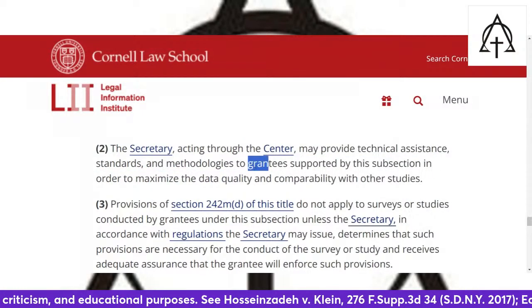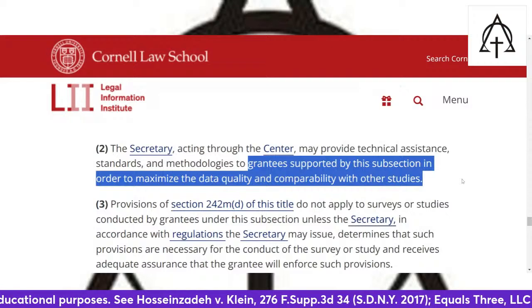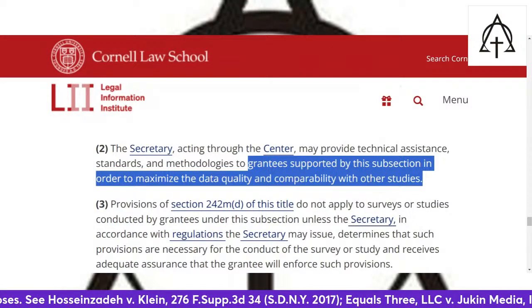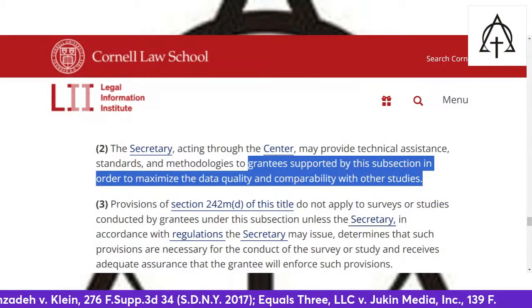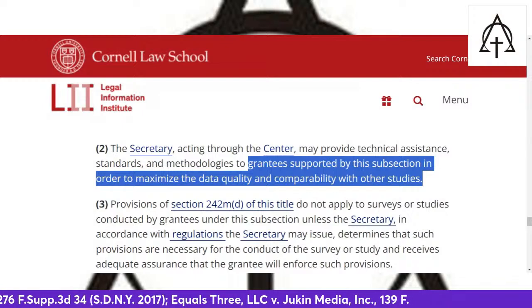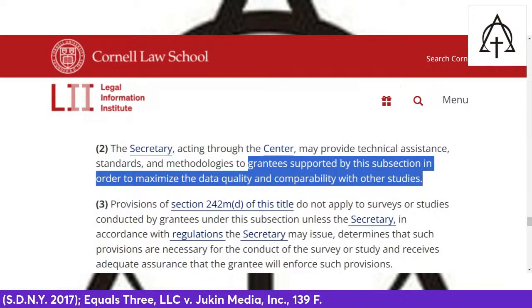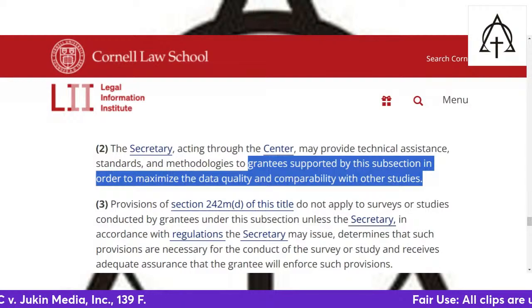That's the grantee. That's you, folks. They're recognizing right there that you're the grantee. Grantee, beneficiary. The beneficiary is deemed to be the true owner. The true owner is the one that granted the benefit to be received by the beneficiary.